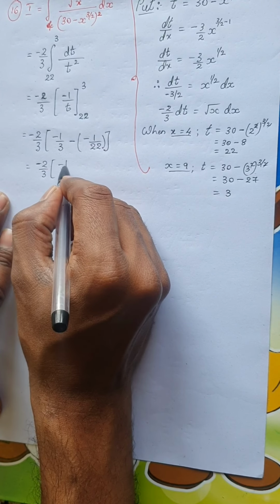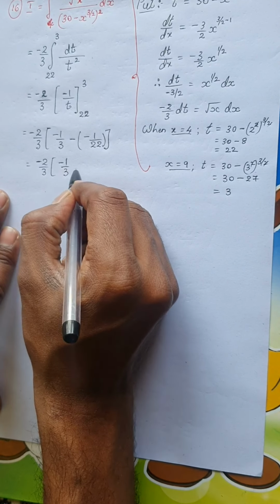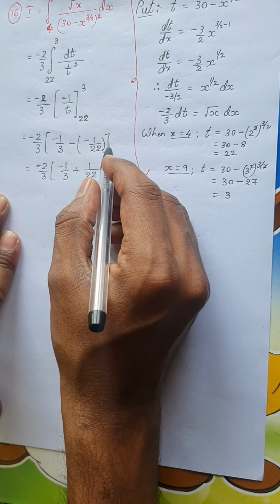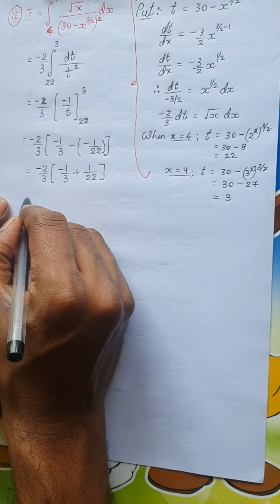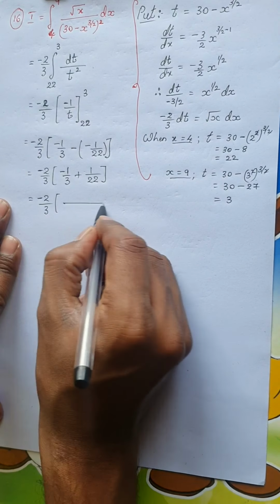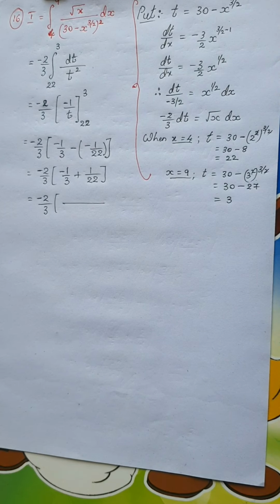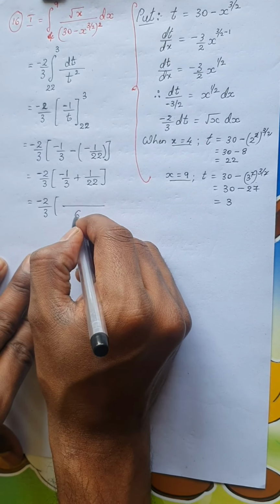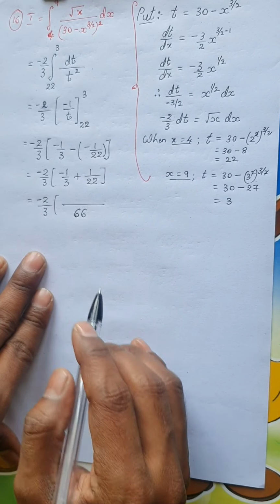So it is minus 1 by 3, minus of minus becomes plus, it becomes 1 by 22. So this is nothing but minus 2 by 3 into, if you take the LCM between 3 and 22, this becomes 66. So 3 into 22 becomes 66.